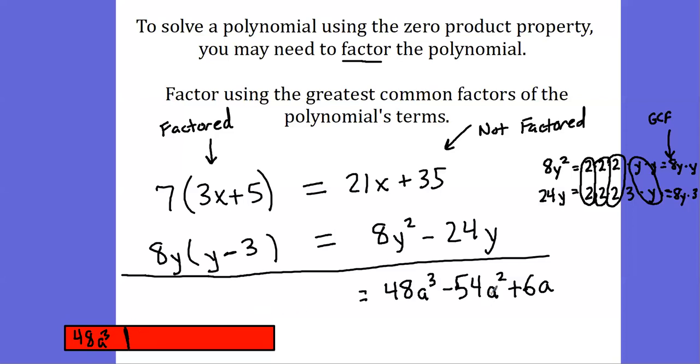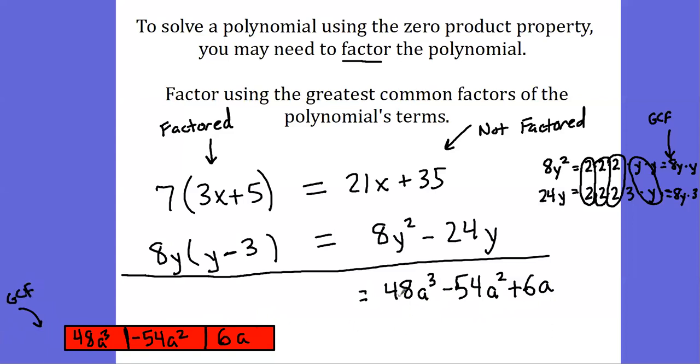And this minus 54a squared, I'm going to write as the area of this rectangle right here. And my last rectangle is going to be this 6a. And nothing here is drawn to scale. Now, when I write this in factored form, I'm going to figure out what my GCF is, and I'm going to put that in this spot right here.